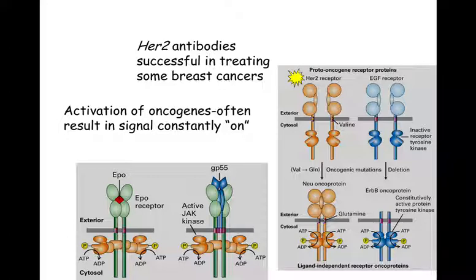If you know someone who's ever had breast cancer, the cancer is typed as HER2 positive or HER2 negative, estrogen sensitive or not. This is a characterization of the tumor itself and how it responds, what proteins it's expressing, essentially.